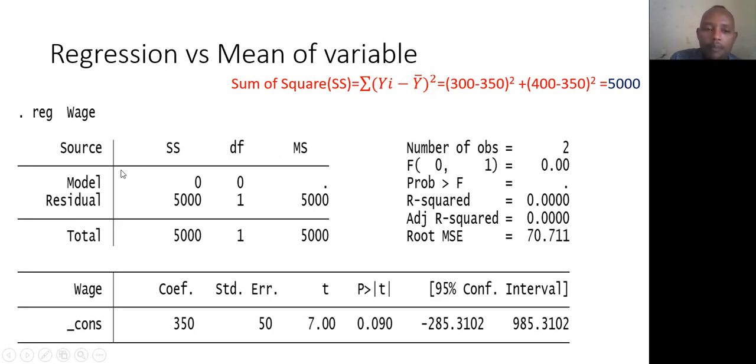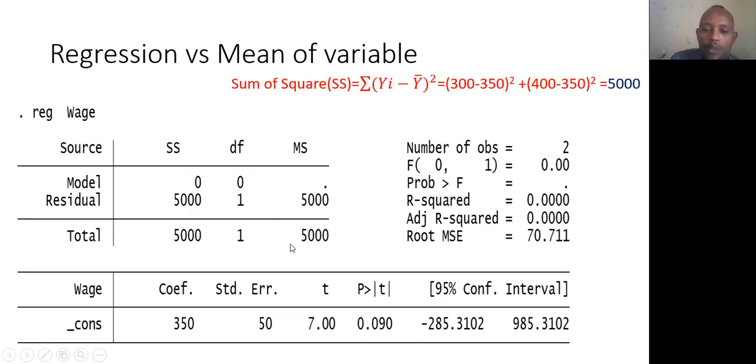And the degrees of freedom. The degree of freedom of the model is the number of variables. If there is no variable, it becomes 0. Here, generally, we have n minus 1 degrees of freedom.